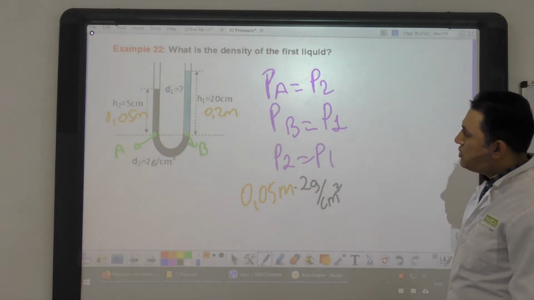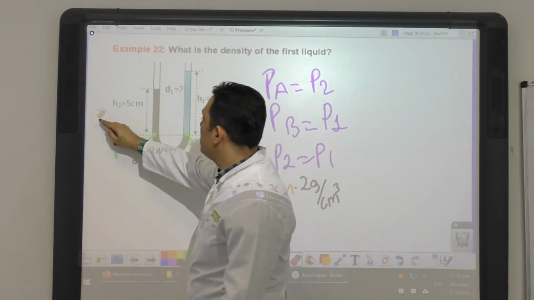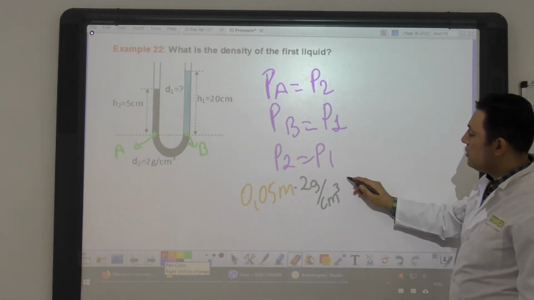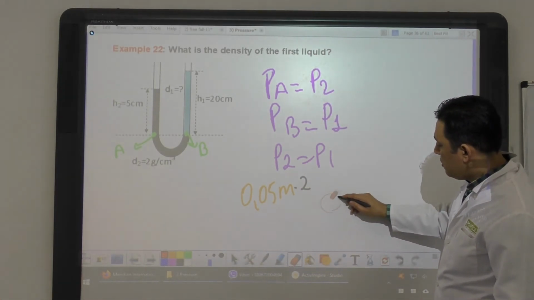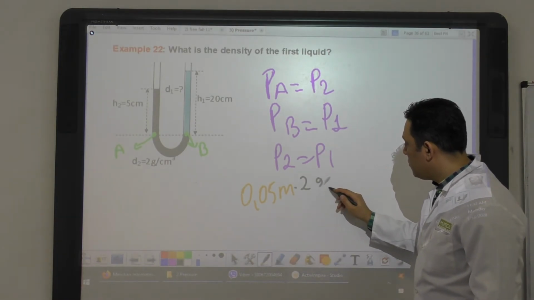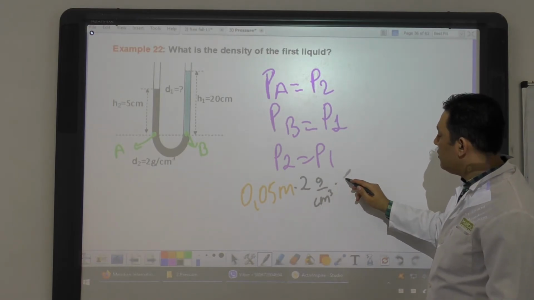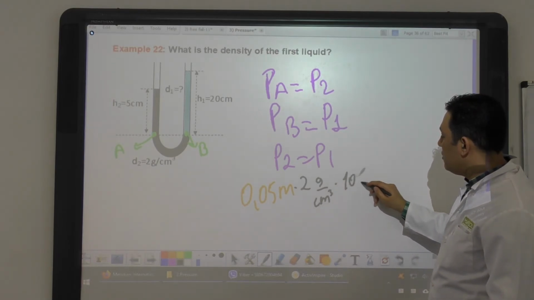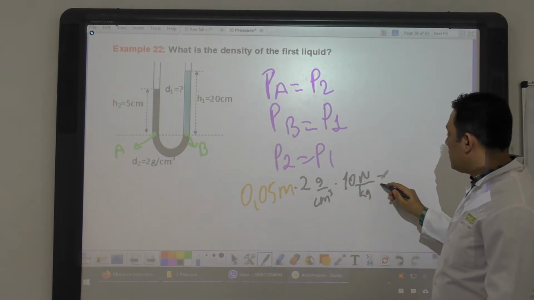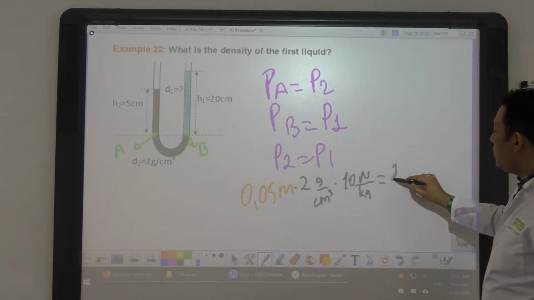Or we may just not convert into meters, so that we will not be dealing with the density. So, gram per centimeter cube, multiplied by gravity, 10 newtons per kilogram. That's going to be equal to P1, which is going to be equal to 20 centimeters.